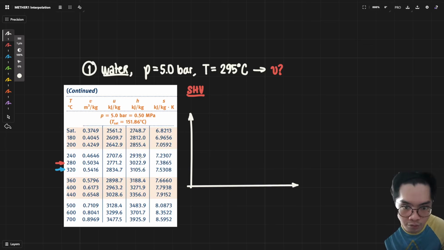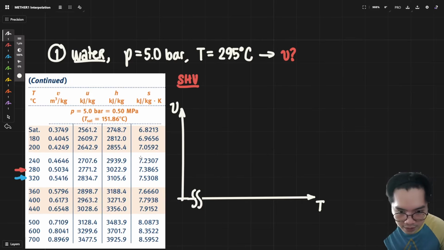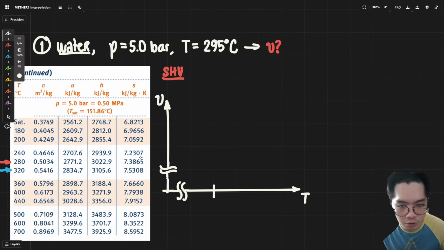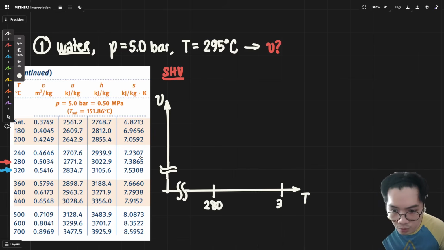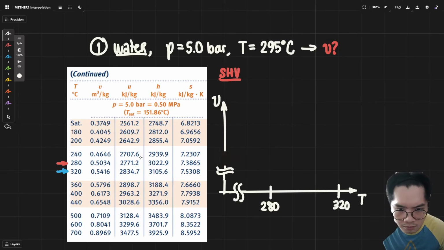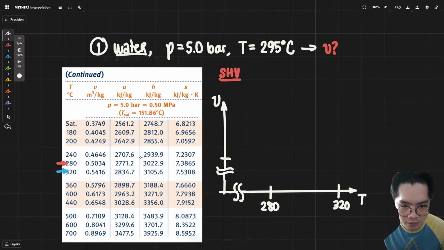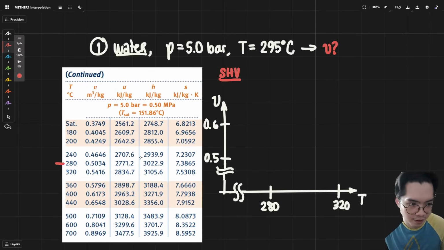Say, for example, this is your V, this is your T. At a temperature of 280 degrees, and say this is 320, we have a specific volume of, let's just say, 0.5, and let's say 0.6, something like that.